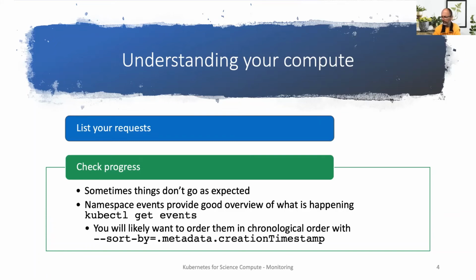It's not very long, but in the past few minutes for sure. Just be aware that the sorting is a little weird. It's not chronologically sorted by default. So you probably want to add --sort-by=.metadata.creationTimestamp. I know it's long, but that's how it is. And that will sort it chronologically, so you will see at the bottom what happened at the end.